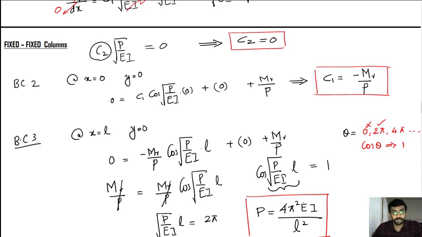It's a very simple methodology with simple substitutions. When you learn something in a simple manner, it helps you understand and memorize things clearly. So we have derived the Euler's equation for the fixed columns.